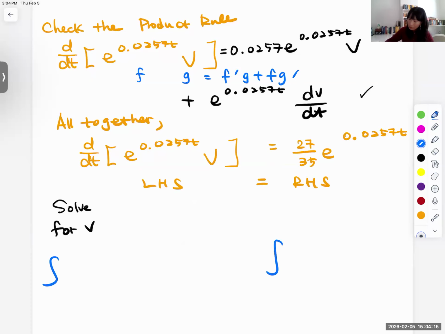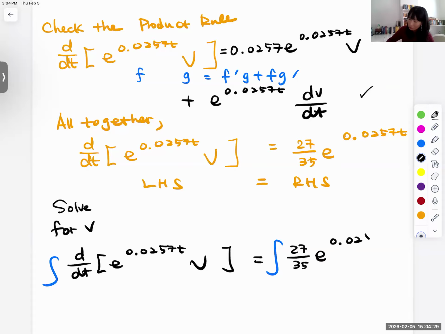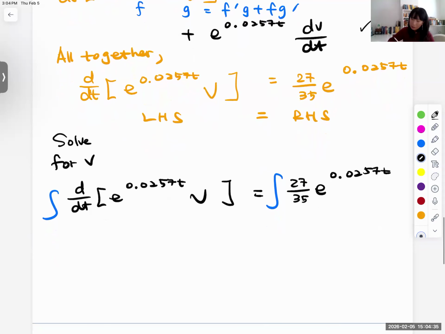So we have d over dt of e to the 0.0257t v equal to 27 over 35 e to the 0.0257t. Now the left side we get e to the 0.0257t v, right?